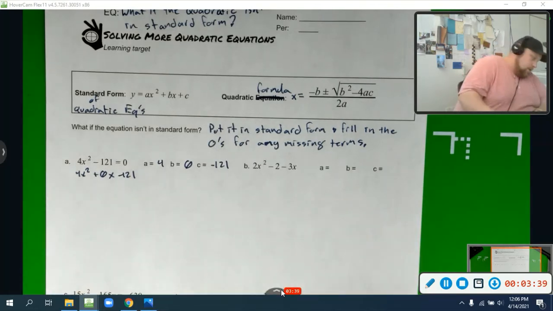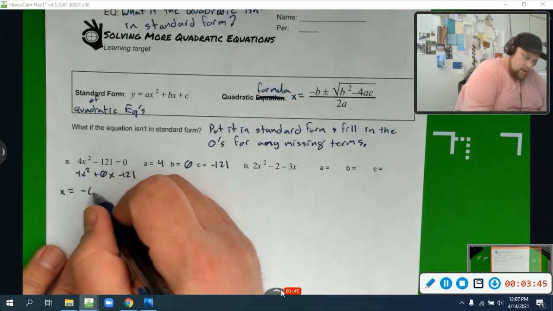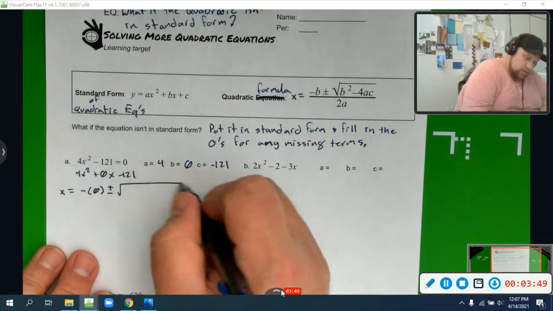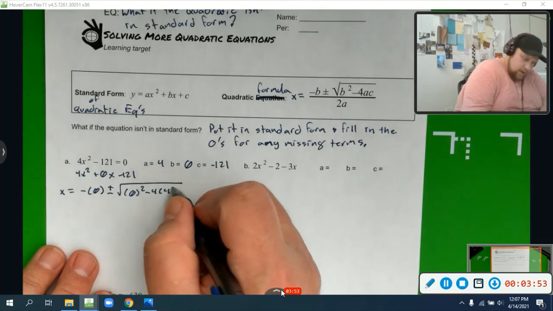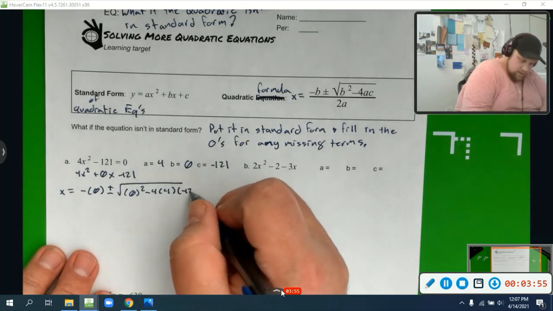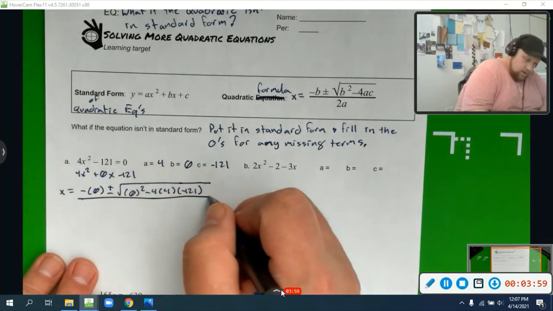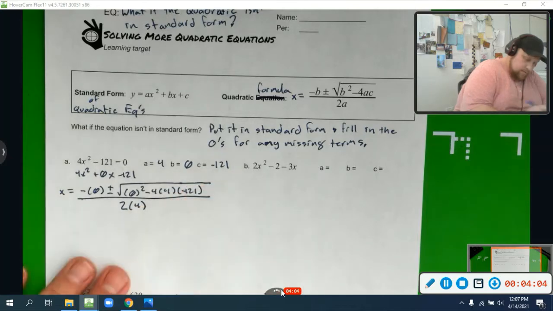Awesome. And what do we do with that? We just plug it into the formula. So we have x equals negative b plus or minus the square root of b squared minus 4 times a times my c, all over 2 times my a value.